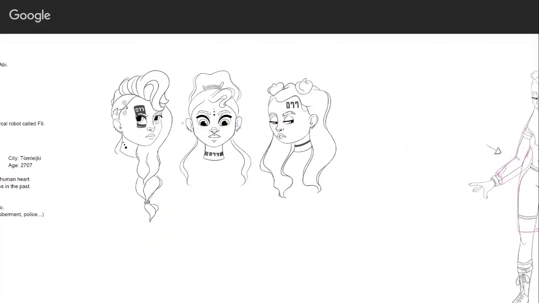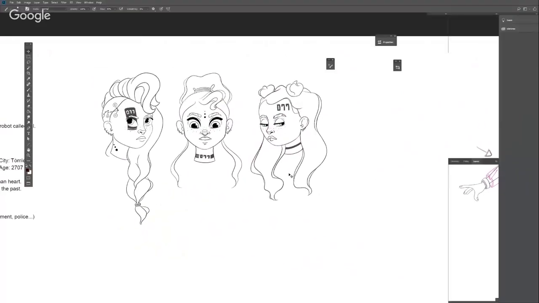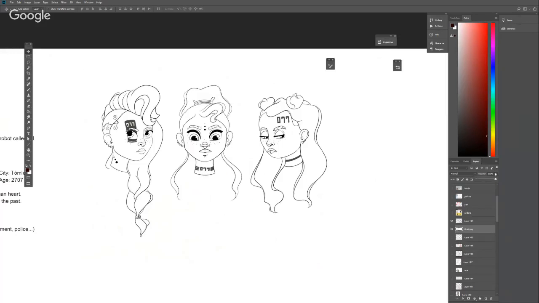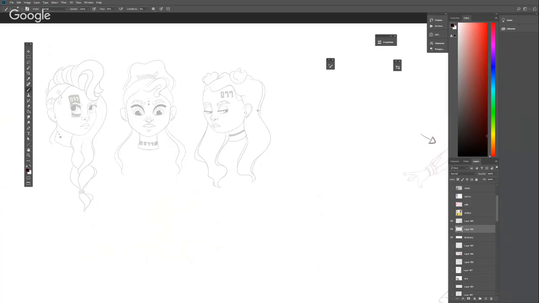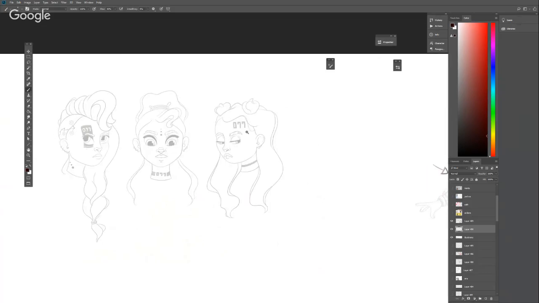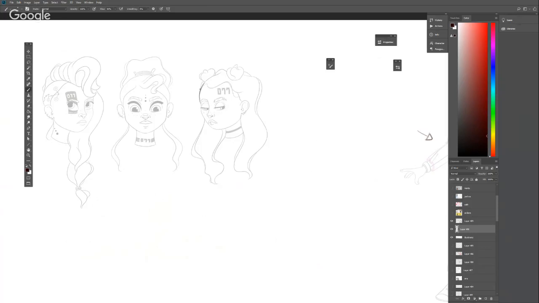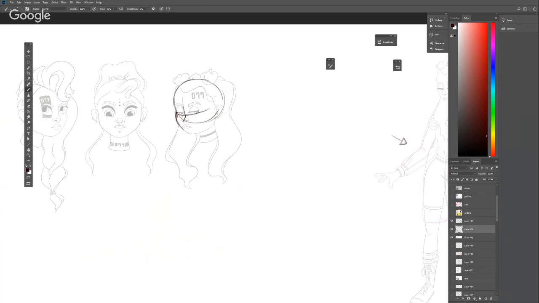Let's look at these heads. Maybe if I look at this, let's look at this. Draw this head shape. And here we have the eye, so I think that's nice, but let's draw it first like this.